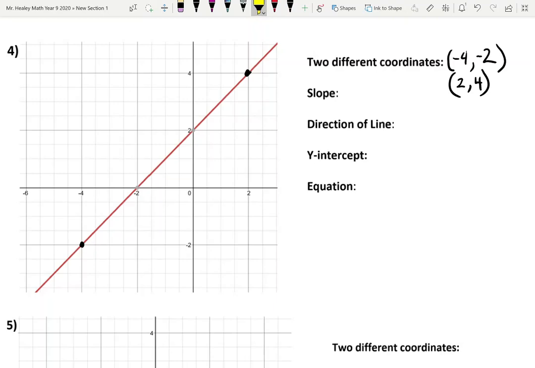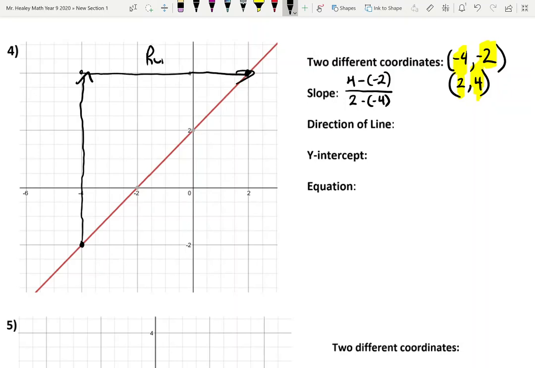We need to find the difference in our vertical change, which means we find the difference between our y values, so we can say 4 minus -2, divided by the horizontal change, the difference between our x values, which is 2 minus -4. We get 6 over 6.